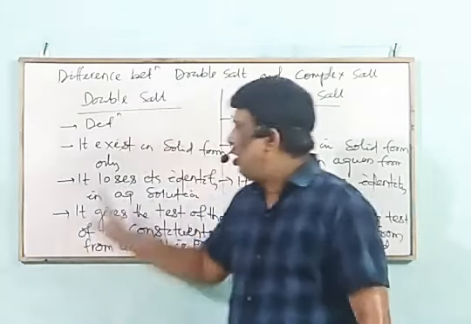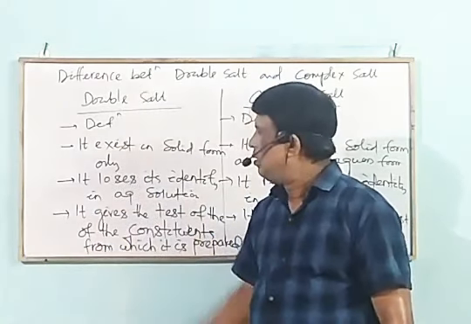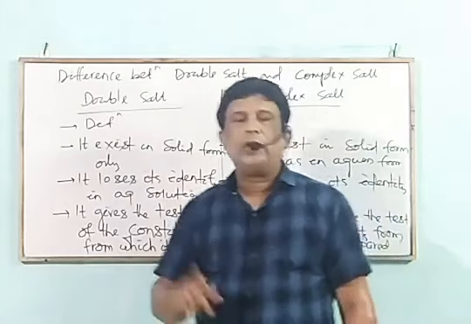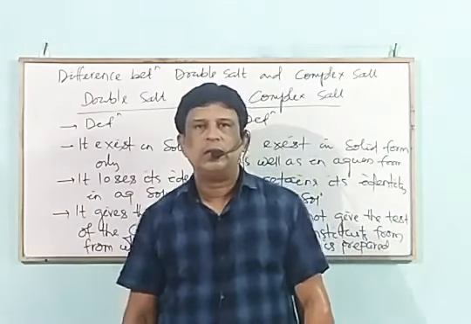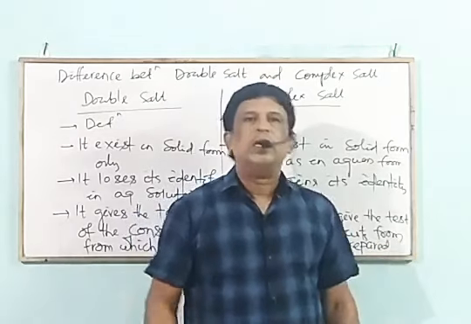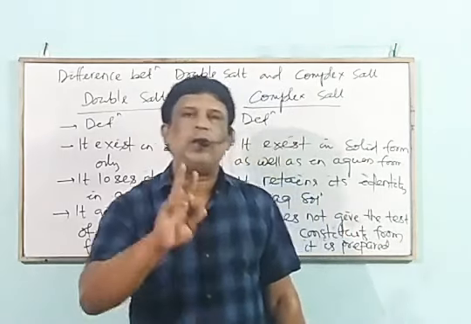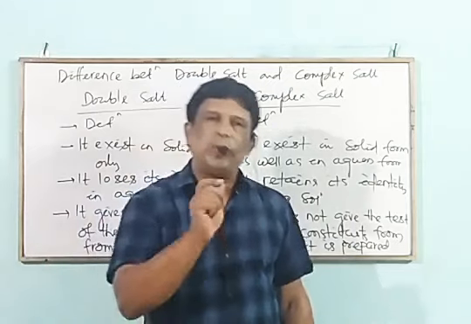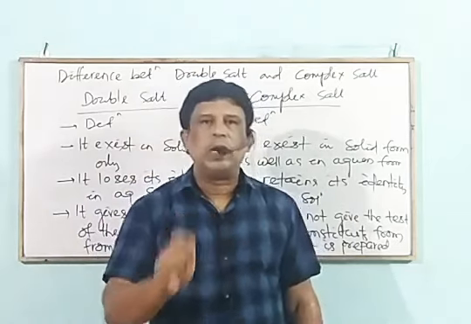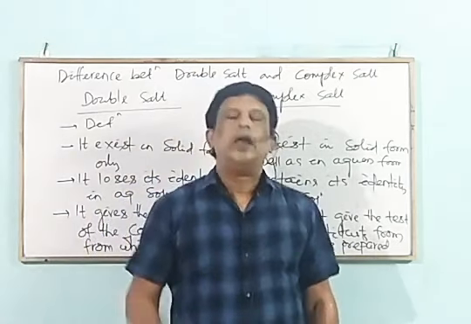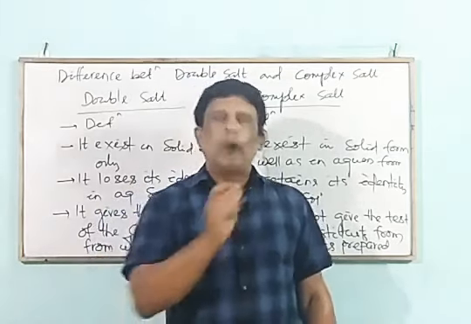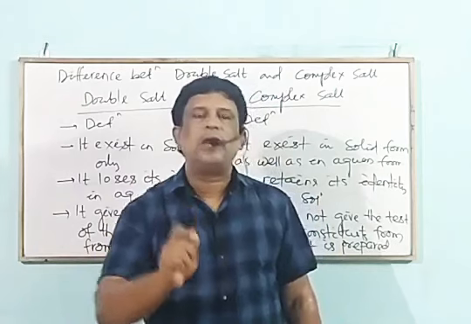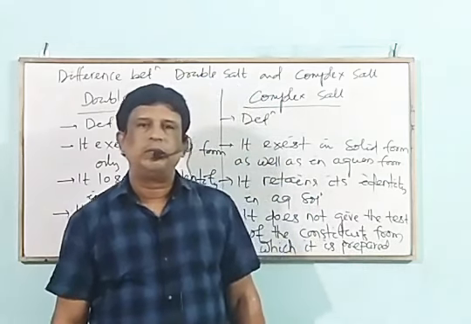Next, the central metal atom in double salt exhibits normal valency. But in complex salt, the metal atom exhibits dual valency: one is primary valency, one is secondary valency. Primary valency gives an idea about oxidation number, while secondary valency gives an idea about coordination number.